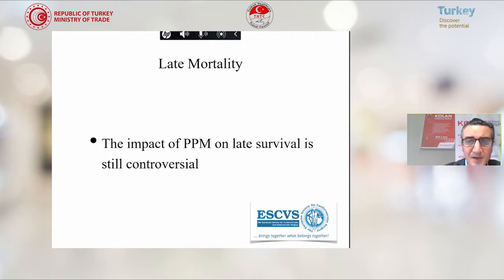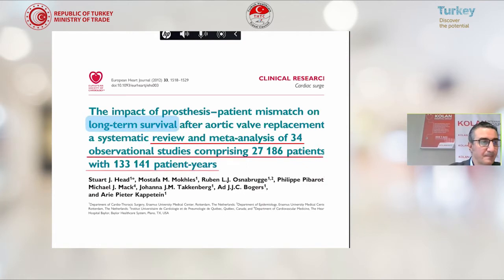The impact of patient-prosthesis mismatch on survival is still controversial. Several recent studies confirm that PPM is independently associated with reduced survival, whereas other reports are opposite.